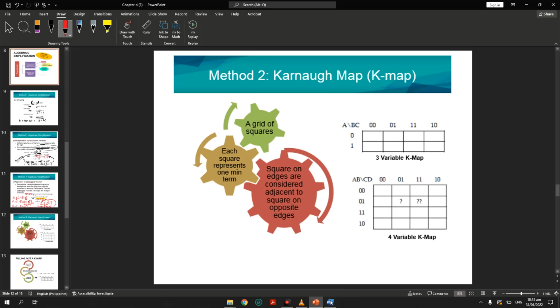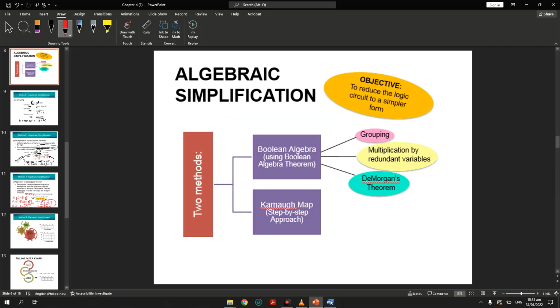So the next method, according to our slides on algebraic simplification, is with the use of Karnaugh mapping.